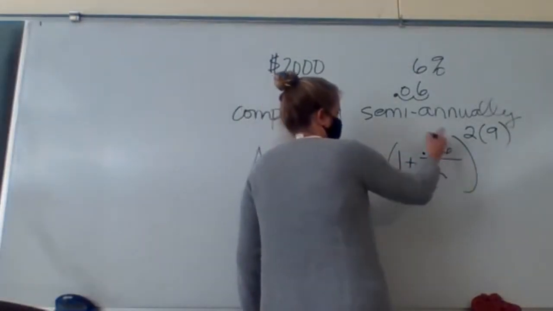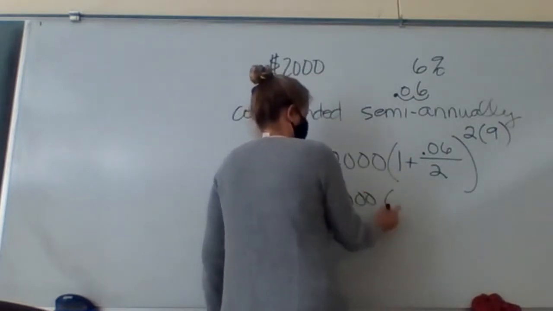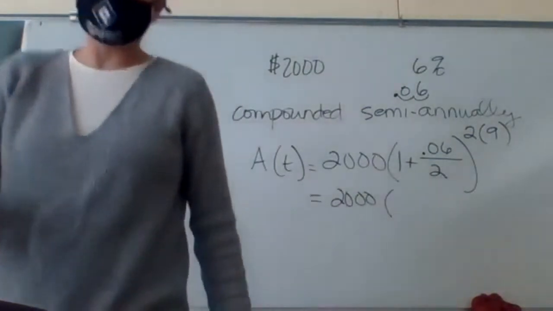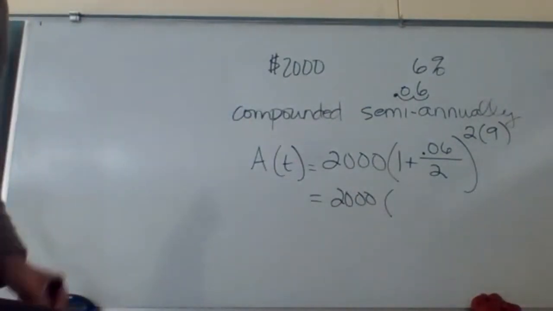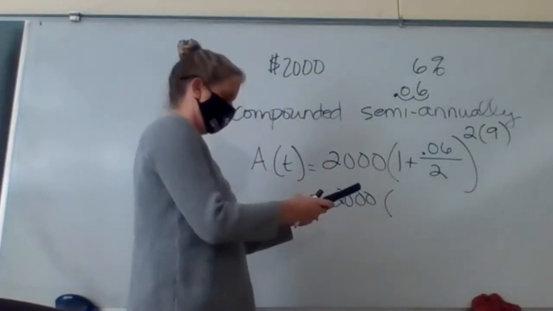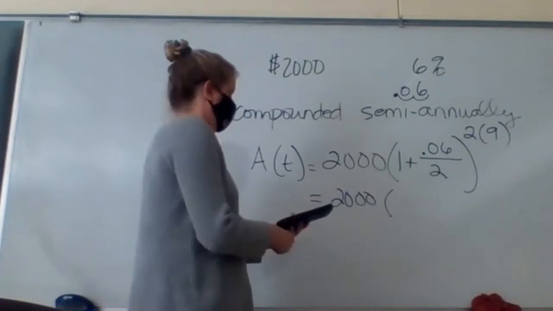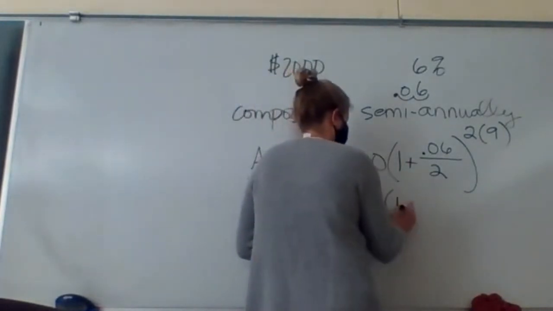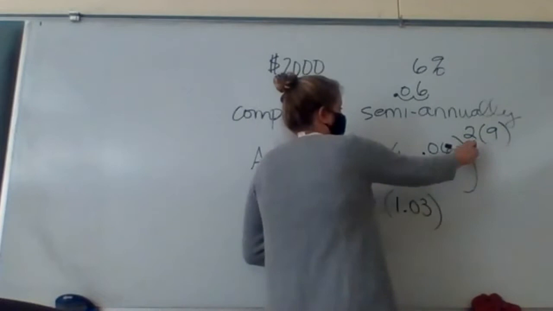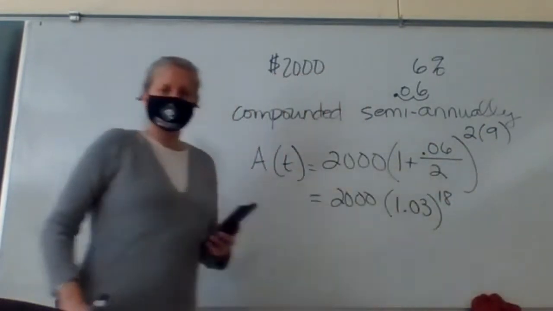I'm going to change this to a decimal. So 2,000, and in parentheses, 1 plus 0.06 over 2 gives me 1.03. Now, my exponent, 2 times 9 gives me 18.